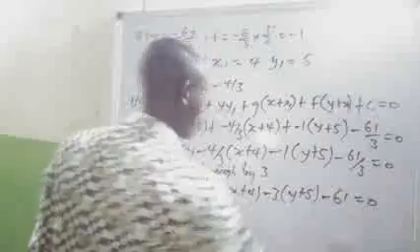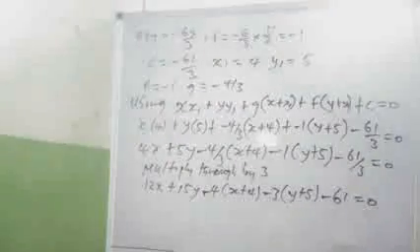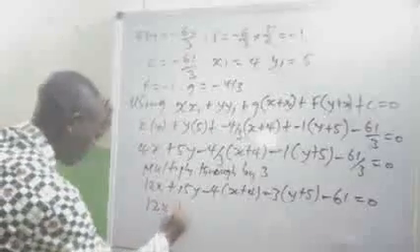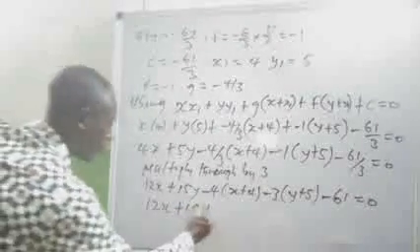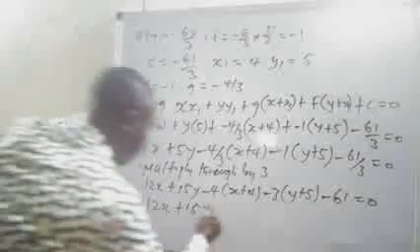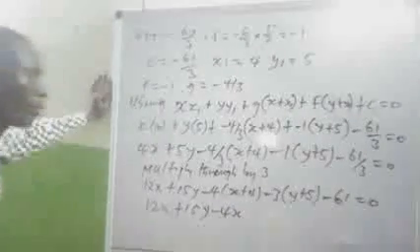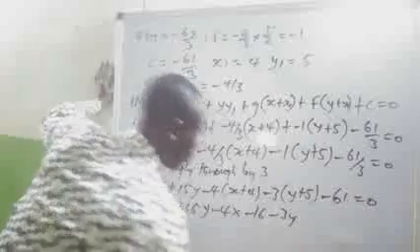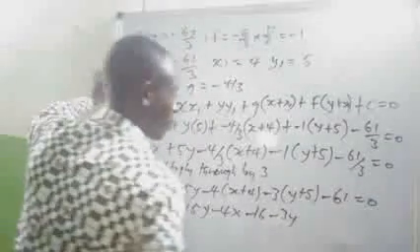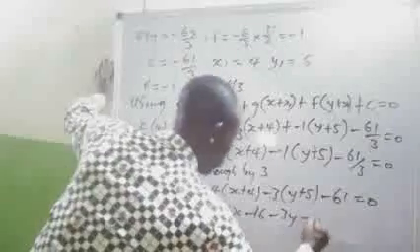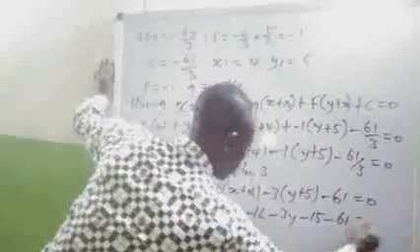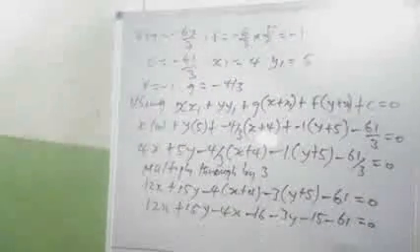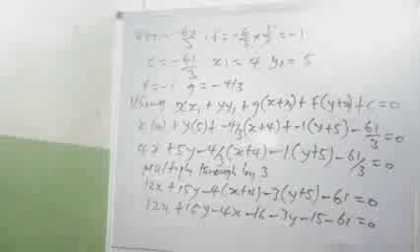So what do we do? We open this bracket. We have 12x plus 15y minus 4x minus 16 minus 3y minus 15 minus 61 equals to 0.